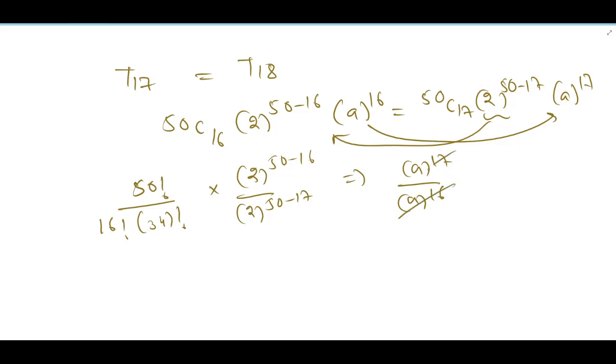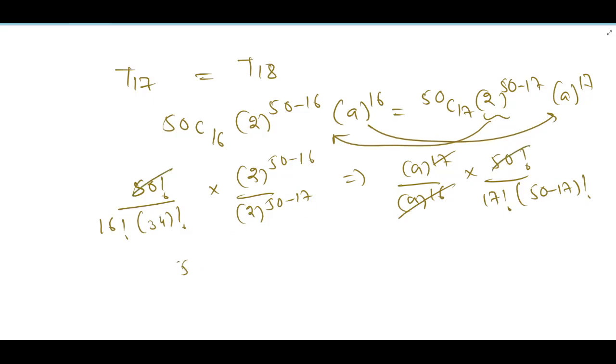So from here we cancel out a, and from here we cancel out 2, and we also have 50 factorial divided by 17 factorial and 50 minus 17 factorial. So this will cancel out.